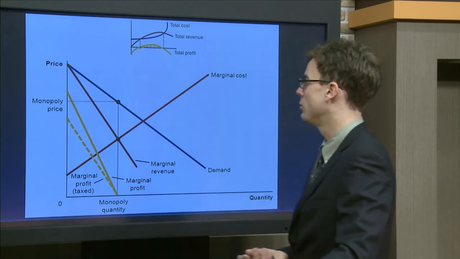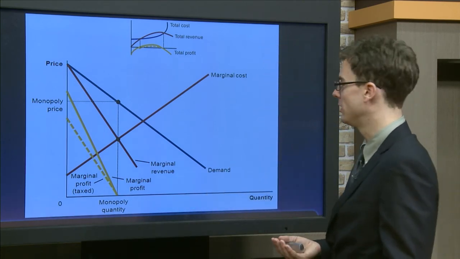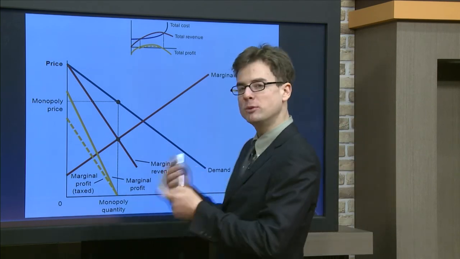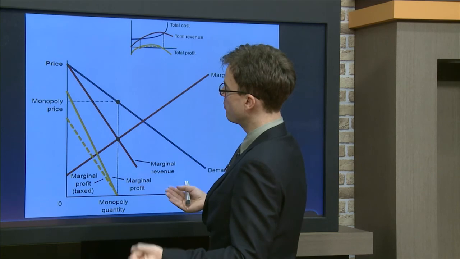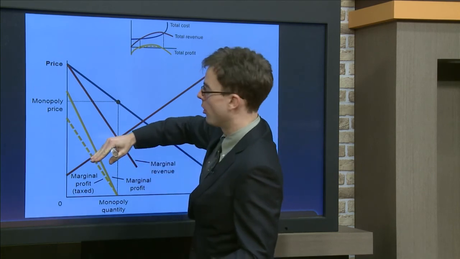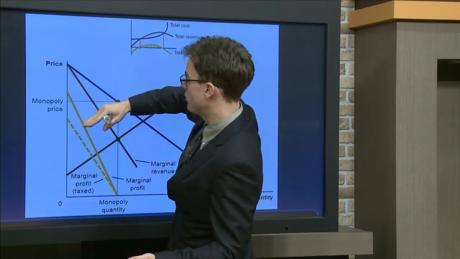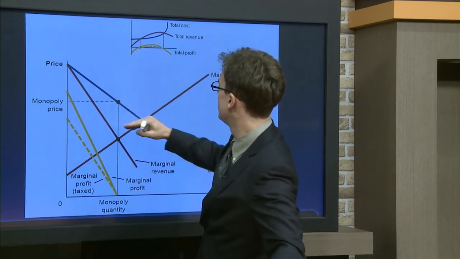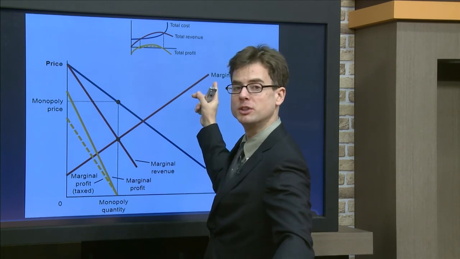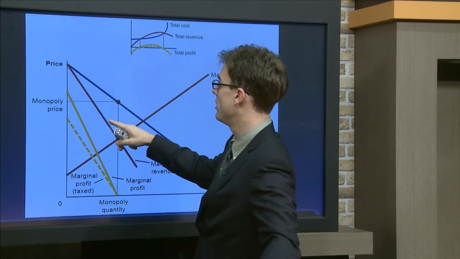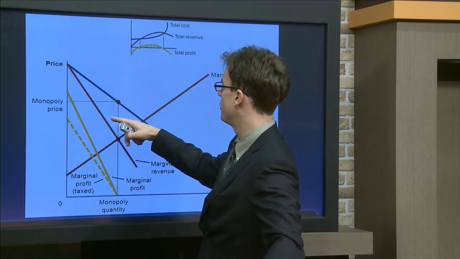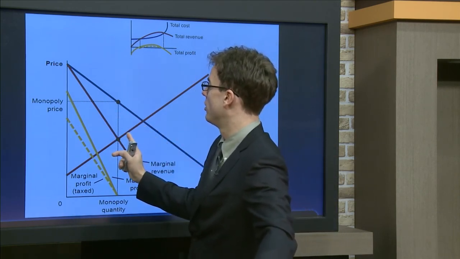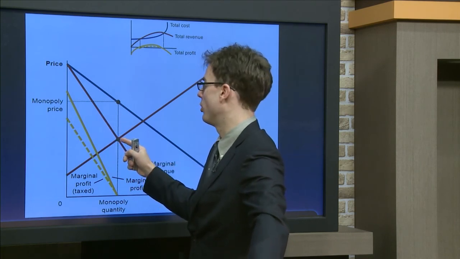How about market-based policies such as taxes? What if we taxed the output of the monopolist? Well, this would not work actually. Remember that taxes on suppliers shift the supply curve upward, and so if we shifted the marginal cost curve, or the supply curve, of the monopolist upward, the new intersection of the marginal cost and marginal revenue curves would occur up and to the left of the original point.